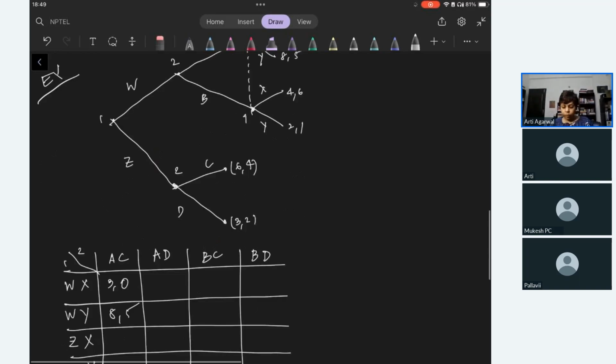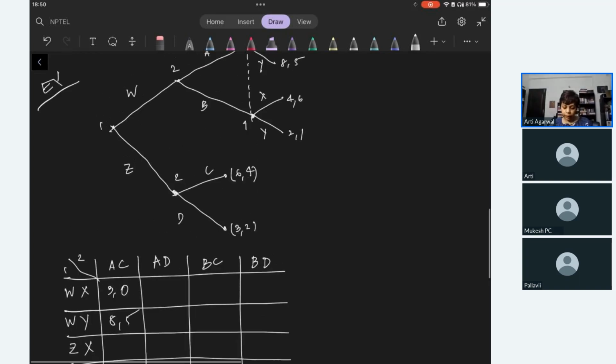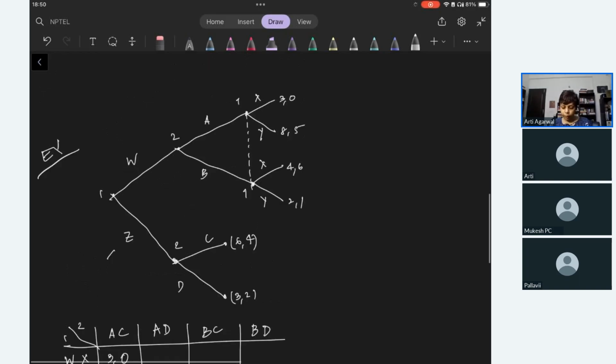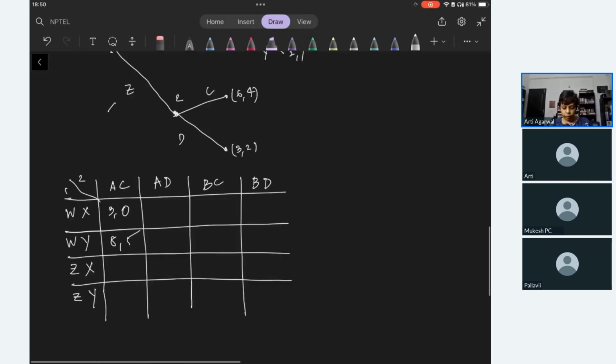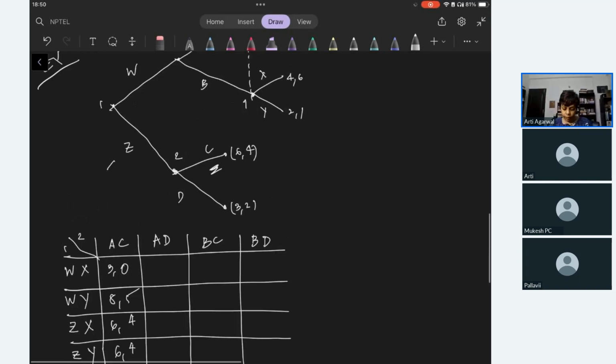Only player 2 knows where he is. So if player 1 is playing Z and then X, and player 2 is still playing A, C, then this leg of the game is getting played. So you have 6, 4, and this is also 6, 4, right? Yes. Erase all these extra lines.